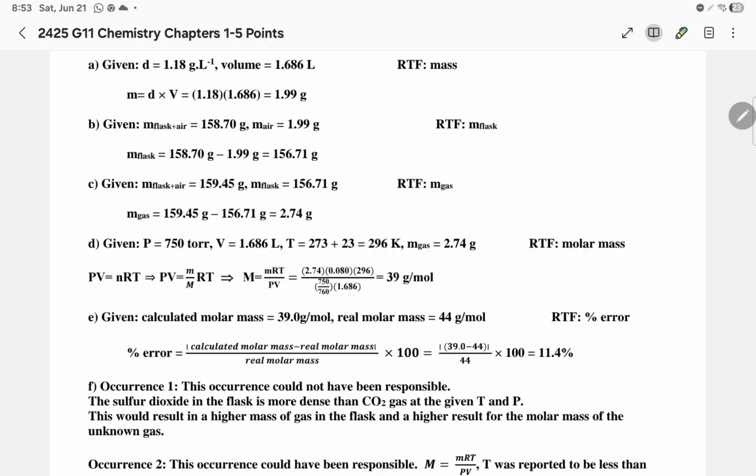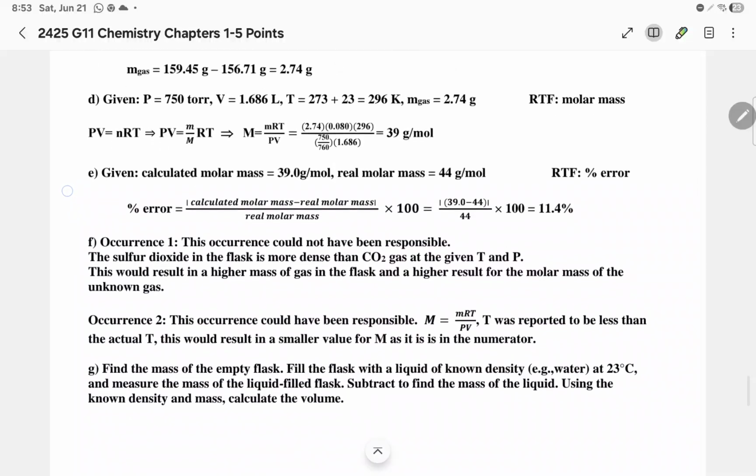Or because we want the molar mass, we use PV equals mRT over M. And since you want molar mass, you just replace n with m over M and rearrange. You get this equation. And by the way, you're going to ask, why did we divide 750 by 760? Like I said, you must use atmospheres, so you need to divide by 760 to make it atmospheres. And that's it. Now let's see what they want in parts E and F.